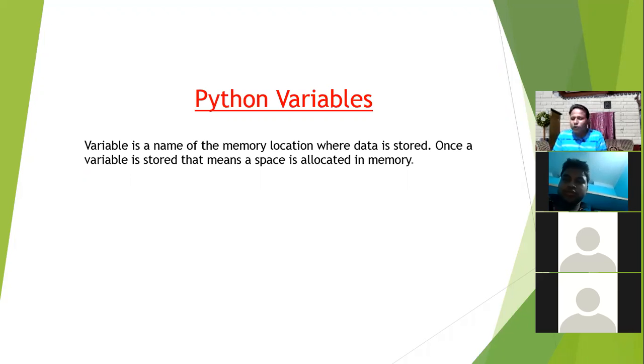So it is allocated memory, or you can say it is an identifier where you store the value. Next rule is: how do you define the variable here? Just wait. For defining a variable, we can directly write any value.